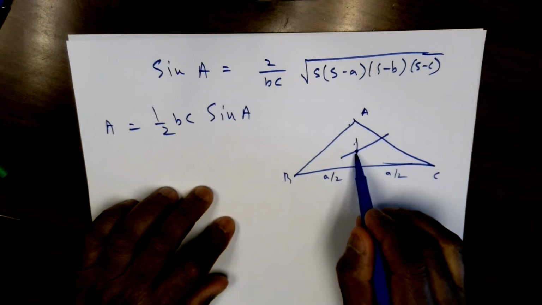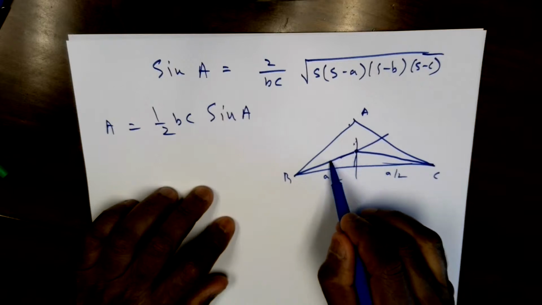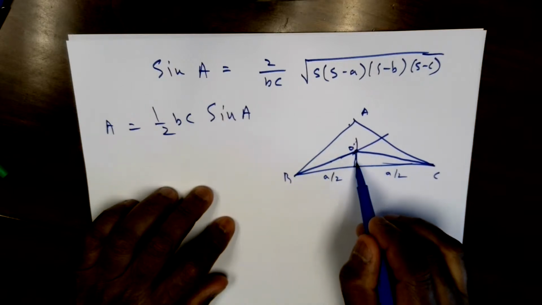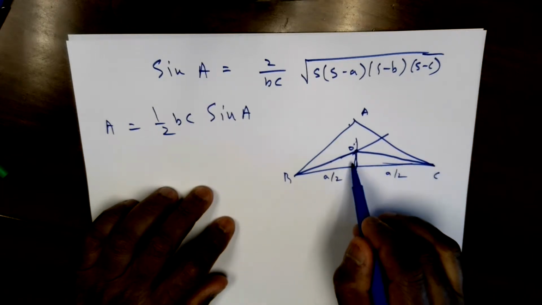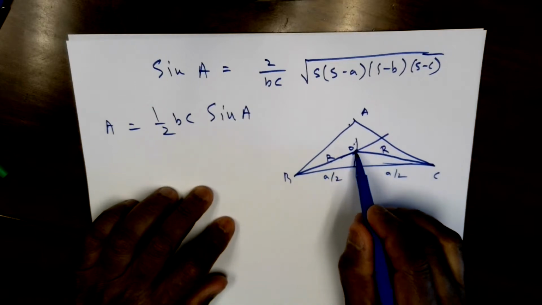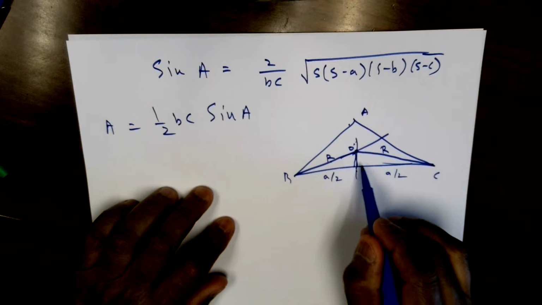And this angle is 90. And so if you look at these triangles, these two triangles are congruent. Let's say this is D, OBD and OCD are congruent. Consequently, these lengths are equal because this length is common. Each side is a by 2, one angle is 90.